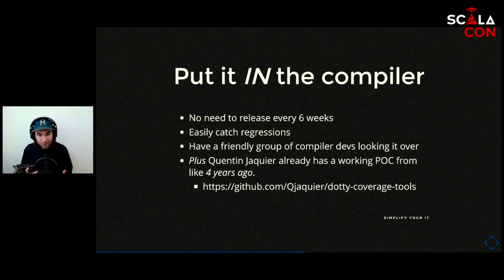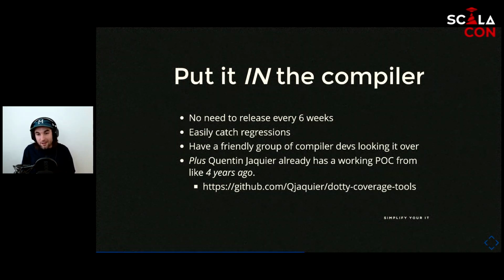If you're like me at all, doing compiler type work is not something I was used to. So yeah, dealing with these ASTs and the presentation compiler and compiler trees, it takes a while to get used to it. Plus, the great part of all this was that Quentin, who was a student at EPFL a few years ago, already had a working POC for this like 4 years ago, and you can see the GitHub link to it.